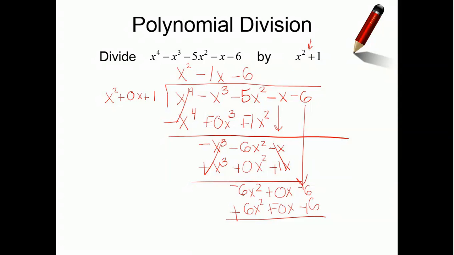Don't forget about that. Gone. That's 0x. I'm lucky, guys. We hit another 0 remainder. So if I multiply x squared plus 1 by x squared minus 1x minus 6, I will get this beautiful polynomial underneath for my answer.